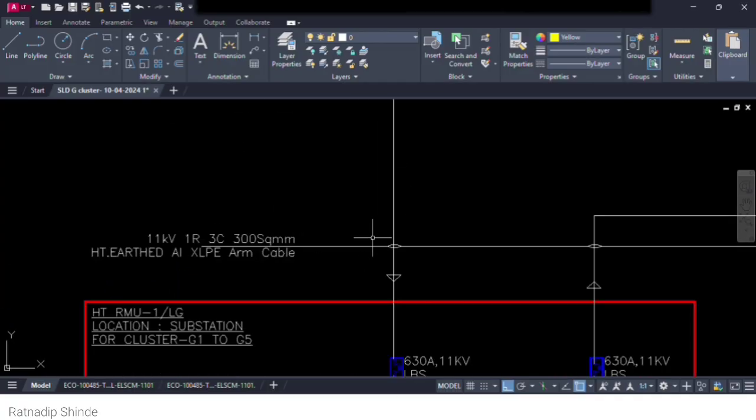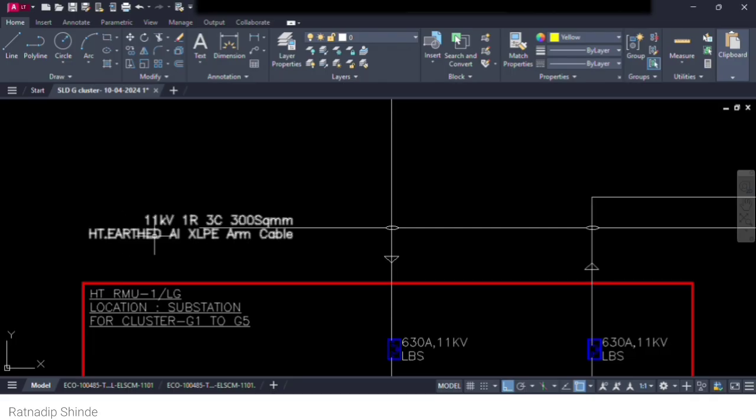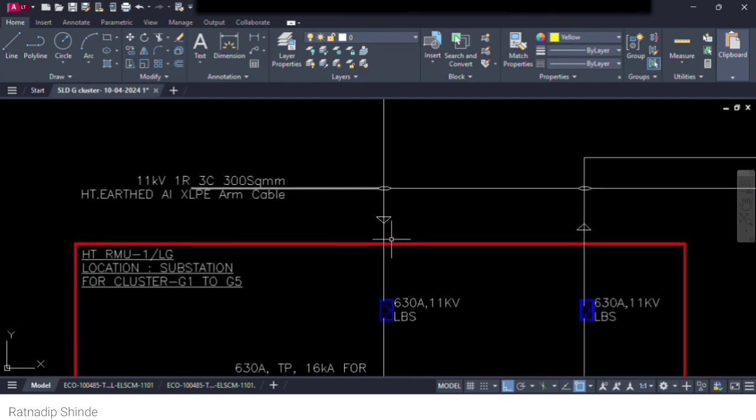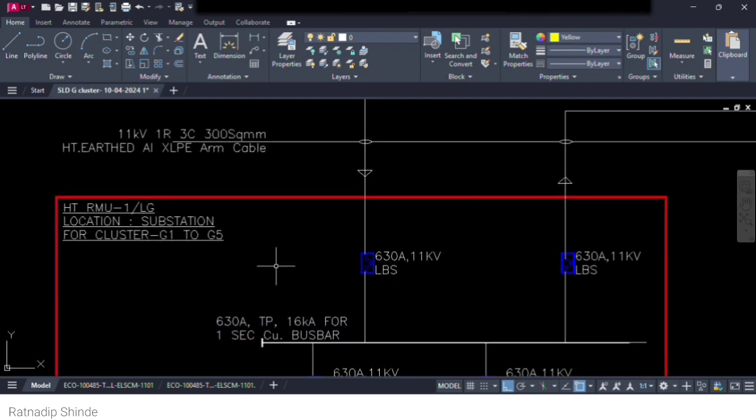The supply is coming through this cable. It is one run of 3 core 300 square mm, HT earthed, aluminum cross linked polyethylene armored cable. It is going to RMU1.